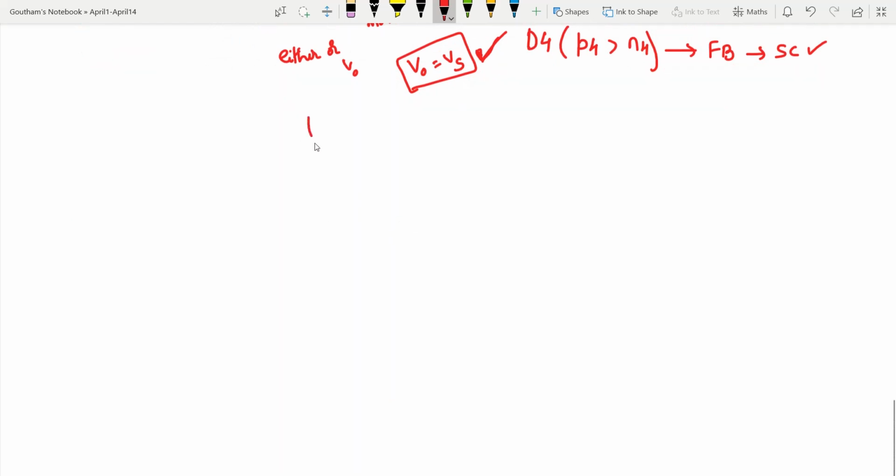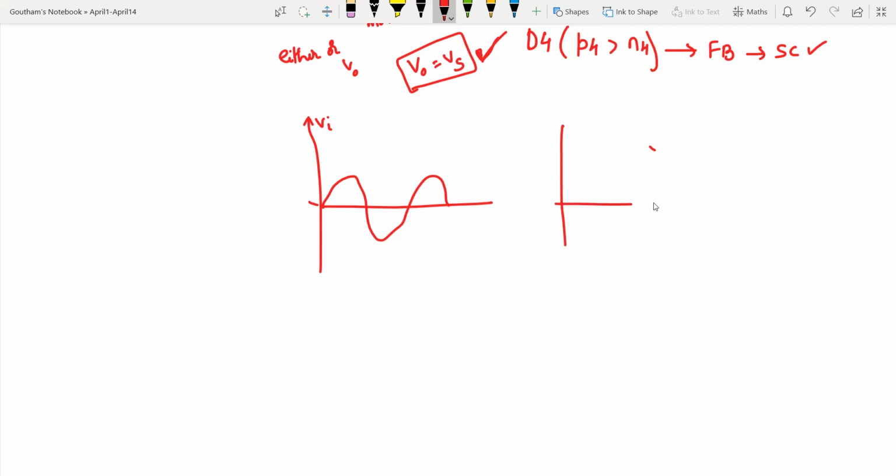So if Vi is doing something like this, this is Vi, the input to the primary winding of the transformer. This is Vs, the secondary winding. What is V0 doing? V0 is the output of the full wave rectifier.